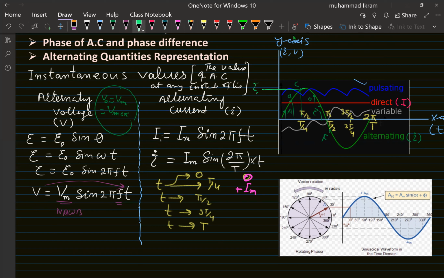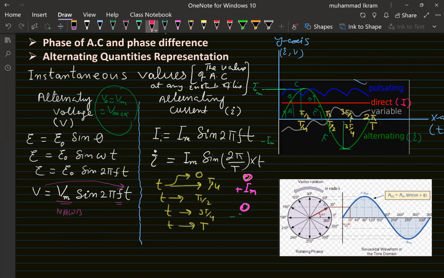For T by 2 this will produce a 0 value, and for 3T by 4, here it will be I max but in the opposite direction, the current flowing in the opposite direction, maximum current.